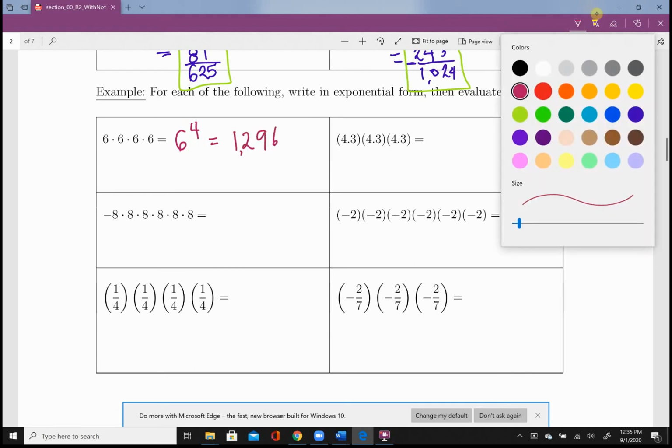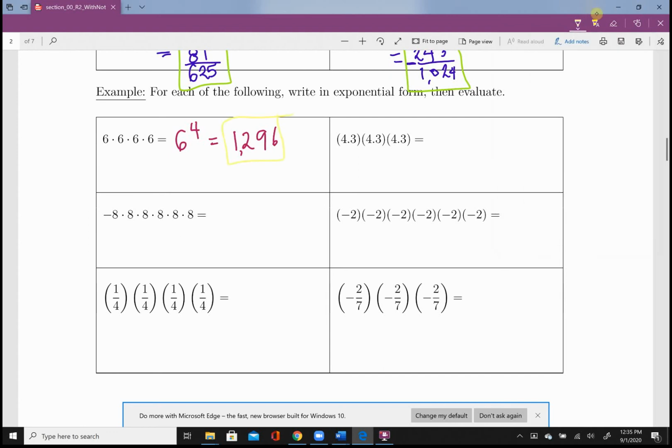Alrighty, and let's see what would be a good accent color for that. Let's go this pale yellow. Pretty. Okay, back to magenta. Here we clearly have 4.3 being multiplied 3 times over. Now that's not to say that the 3 exponent is only being imposed on the decimal, it's being imposed on the entire number 4.3, okay?